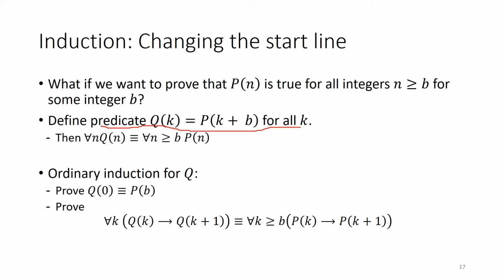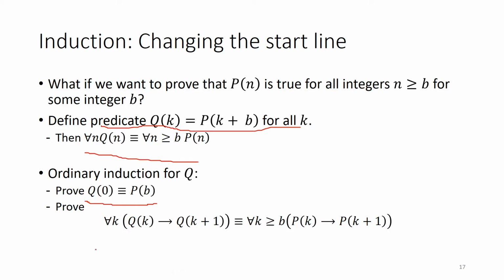So then, for all natural numbers n, Q of n is equivalent to, for all natural numbers n greater than or equal to B, P of n. These two are equivalent. So now we can prove Q of 0, and that is equivalent to P of B.